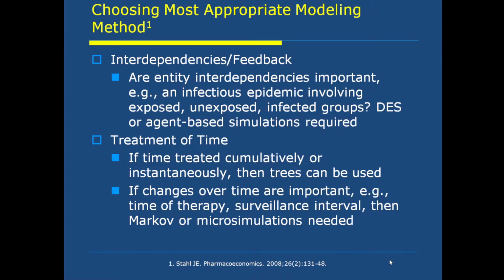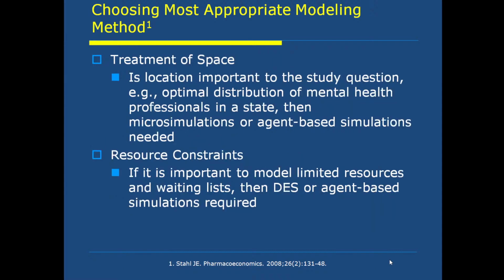Treatment of time. If time is treated cumulatively or instantaneously, then trees can be used. If changes over time are important, such as time of therapy or surveillance interval, then Markov or microsimulations are needed. Treatment of space. Is location important to the study question?